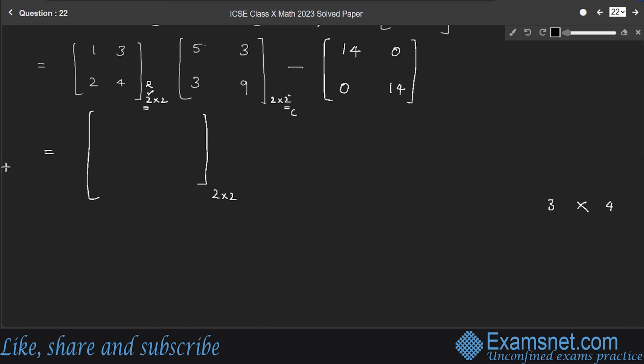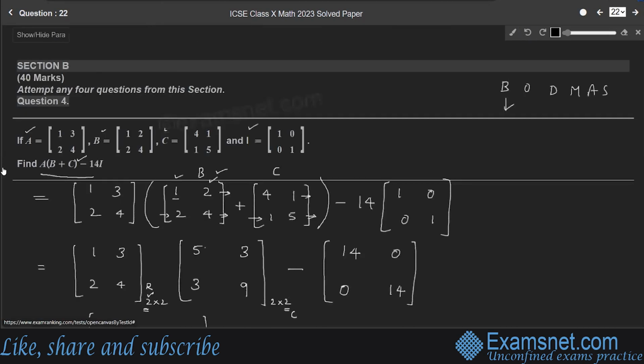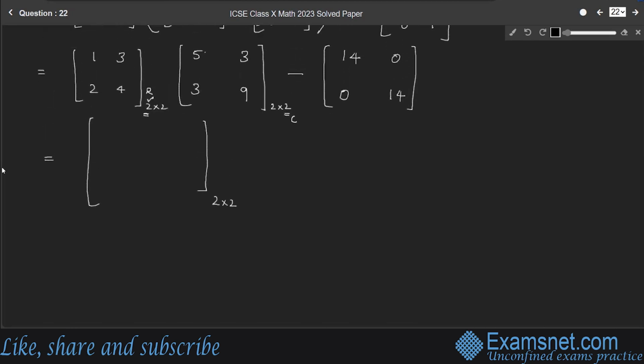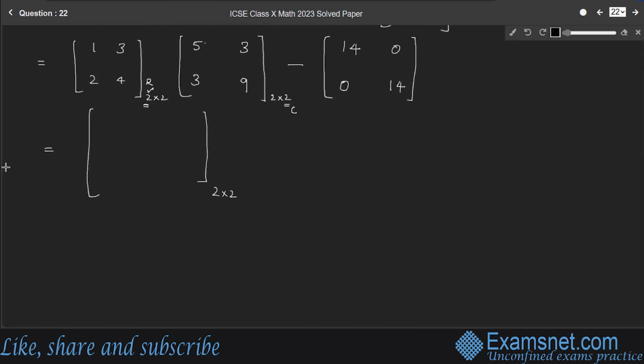Since both the matrices are 2 by 2, there is no need of any confusion here. Directly, easily we can multiply. First element in row 1 into first element in column 1 of the corresponding matrices, so 1 into 5 is 5. We need to add the second element of row 1 and the second element of column 1. Row into column we are making here, right?